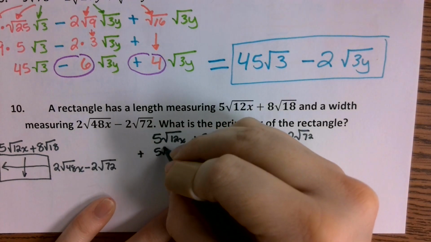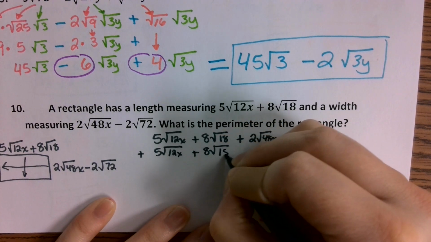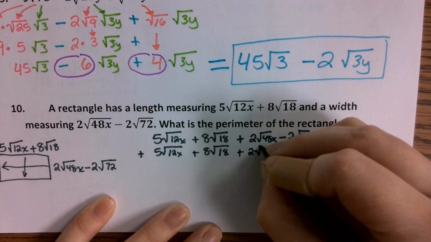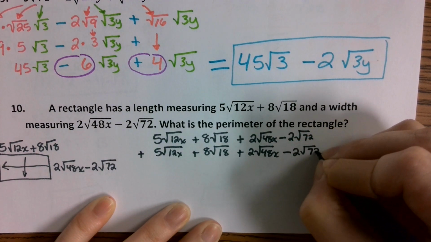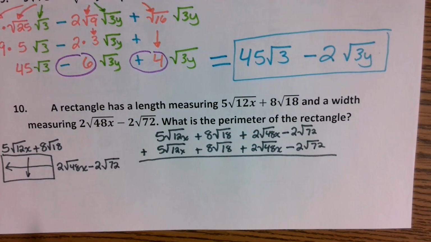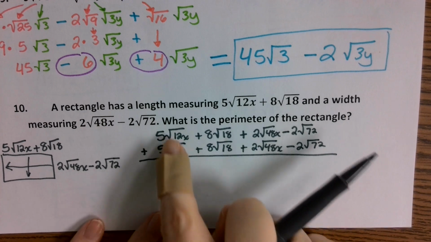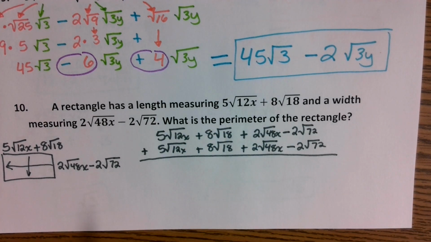Plus 5 square root of 12x plus 8 square root of 18 plus 2 square root of 48x minus 2 square root of 72. So if I just go ahead and combine all those together, I wrote them all on top and bottom so that way I could see that these line up, don't they? So I know all of these are right now like terms.